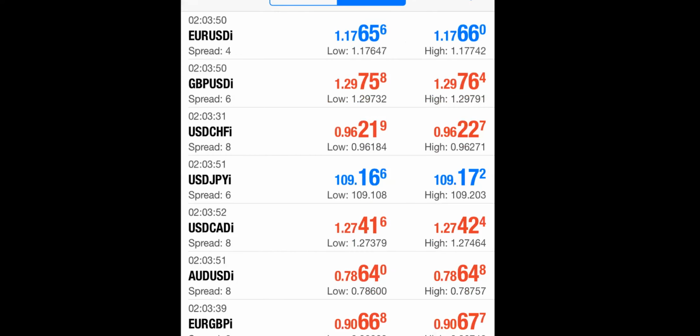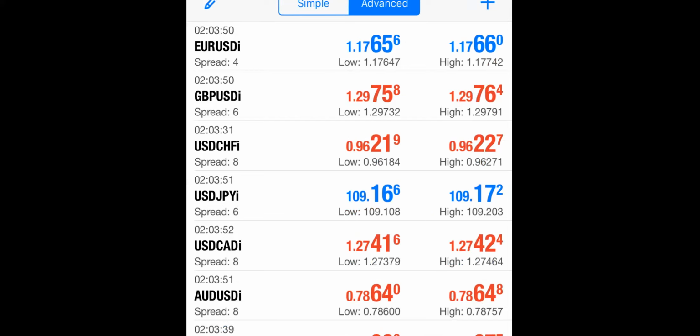One of the first things I want to show you, which a lot of people didn't know, I figured out from some research: if you are on your MetaTrader 4 app, those big numbers you see are the actual pips.